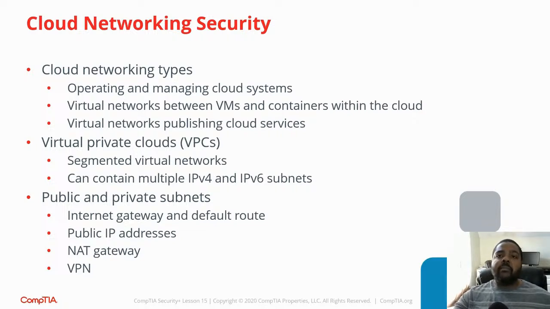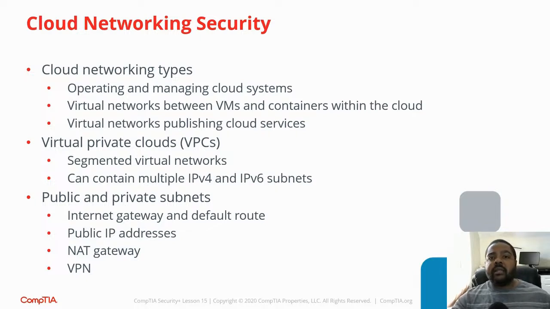We want to do it like we do a physical building. The marketing department has a set number of addresses, and the legal team has a set number of IP addresses. So we want to do the same thing when it comes to our cloud environment, separate these IPs out.